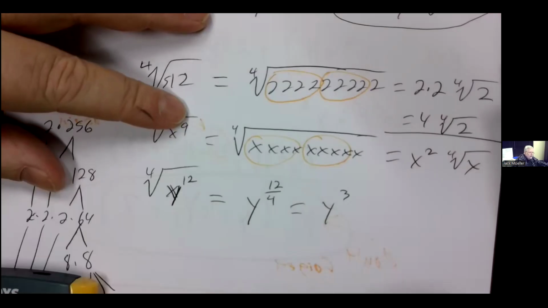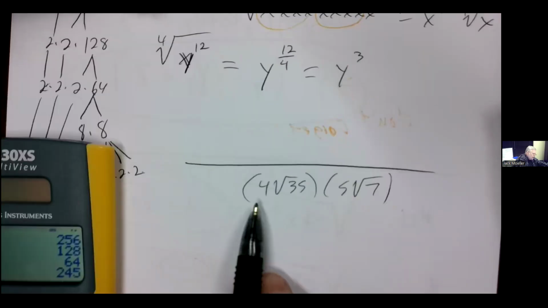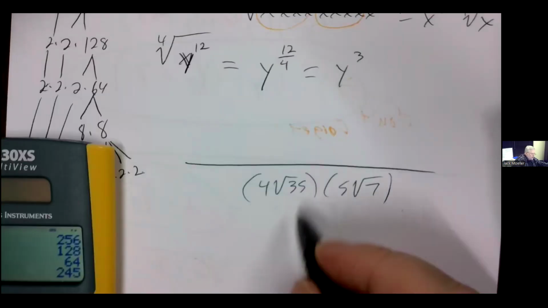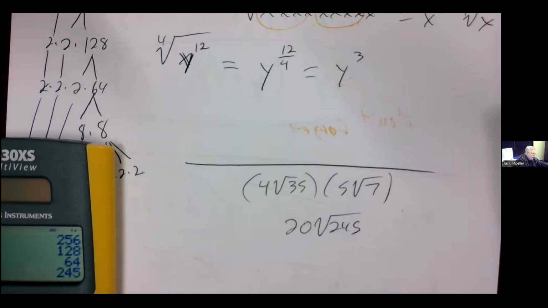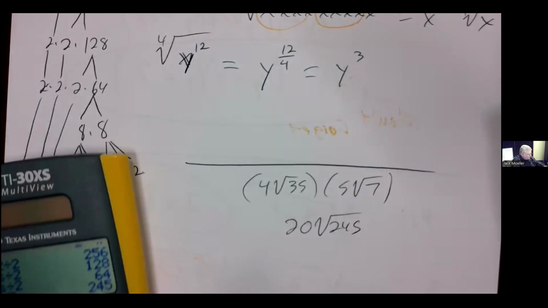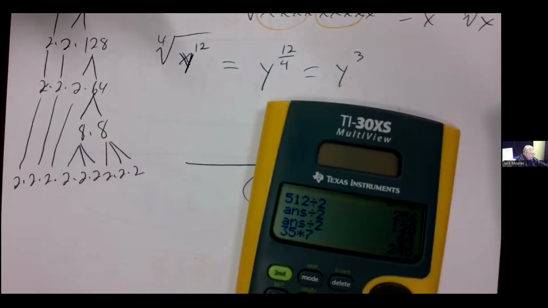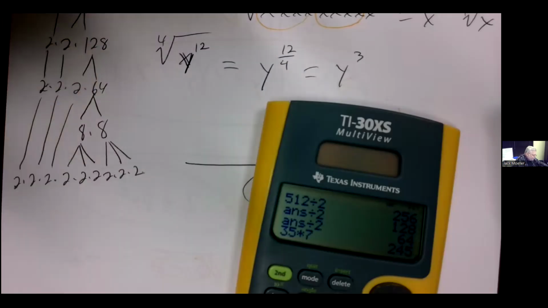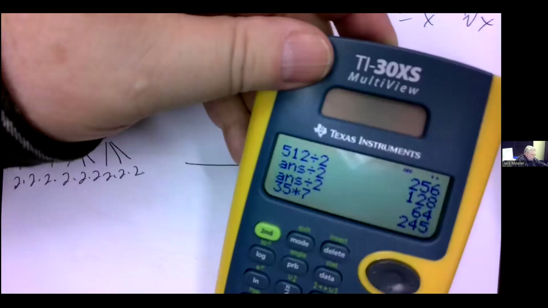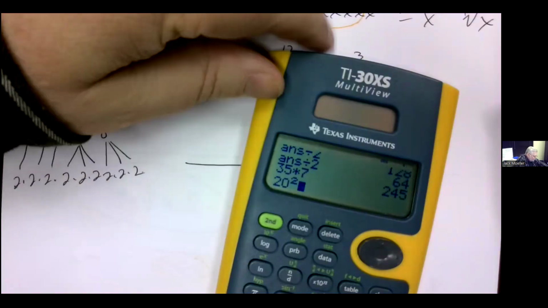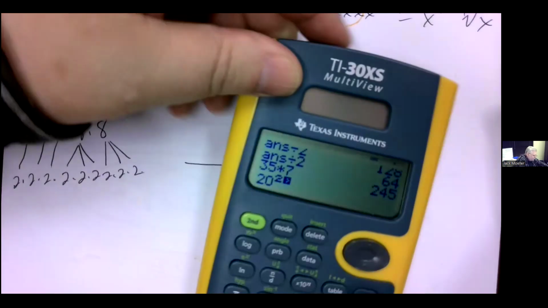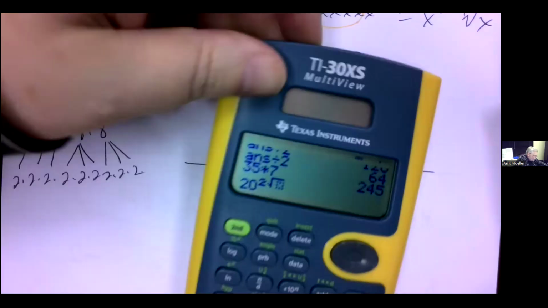So what I would like to see is that you show me that you know you do outside with outside, and then inside with inside. If you do that on the calculator, I don't expect all this for square roots, but you can do 20 times the square root of 245.